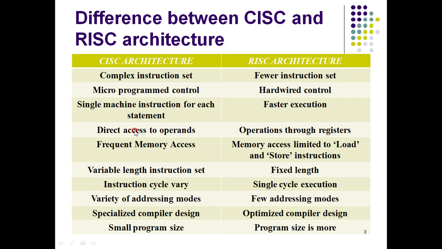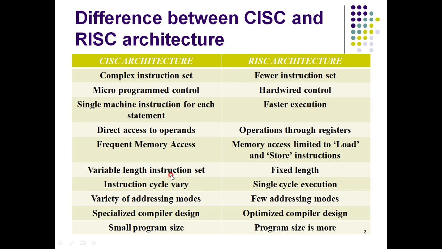Here, since we are taking directly from the memory, there is frequent memory access. Here, since we are taking through the registers, the memory access is not that frequent. The frequent memory access instructions are only two instructions: one is load and another one is store. So apart from these two instructions, all other instructions will be taken through with the help of the registers. I hope these two points are clear.